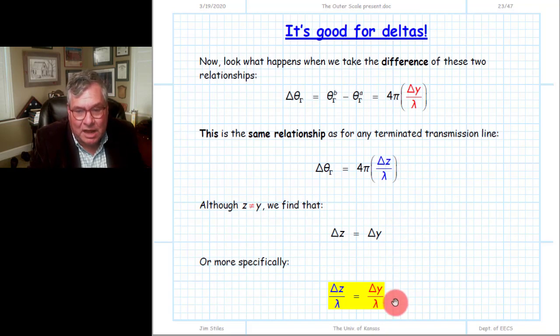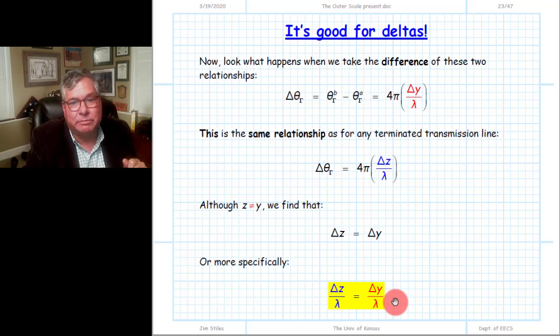In other words, we find that delta z over lambda is equal to delta y over lambda, that if we normalize both to lambda, the values are the same, and we can use then either delta y or delta z to determine the change in the phase angle of gamma as we move along the line. And again, that is what is going to be most important to us with respect to transmission line Smith chart problem solving.